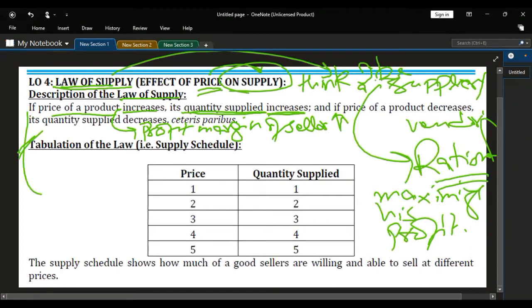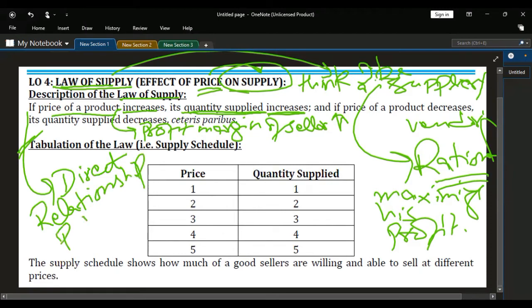So there is a direct relationship between price and quantity supplied. Similarly, if price of the product decreases, profit margin of the seller also decreases and he supplies less quantity of such good into the market because his profit margin will decrease.